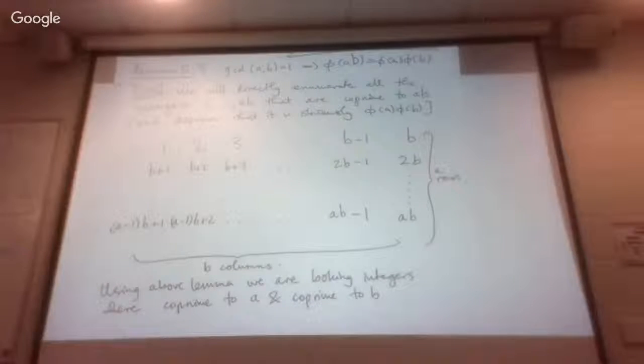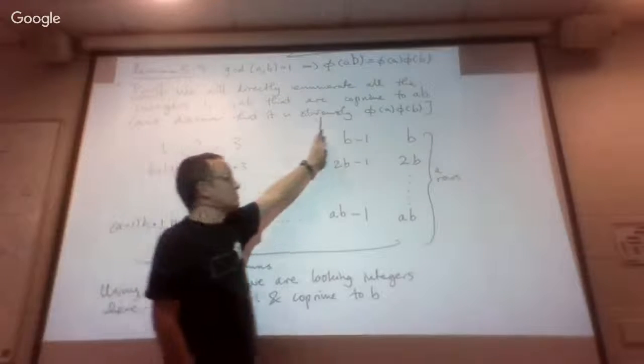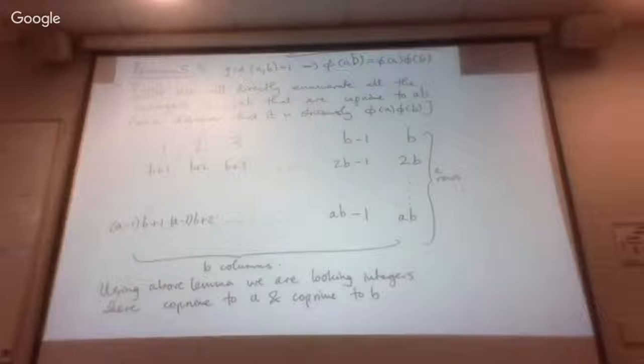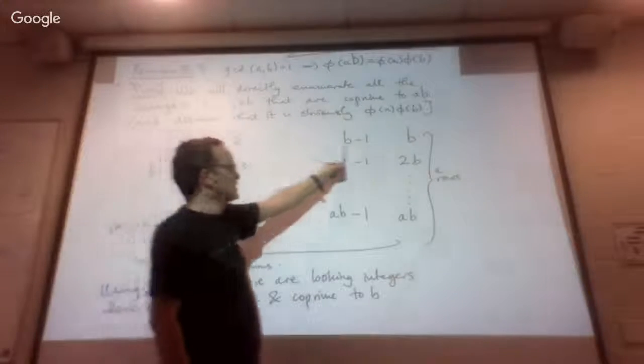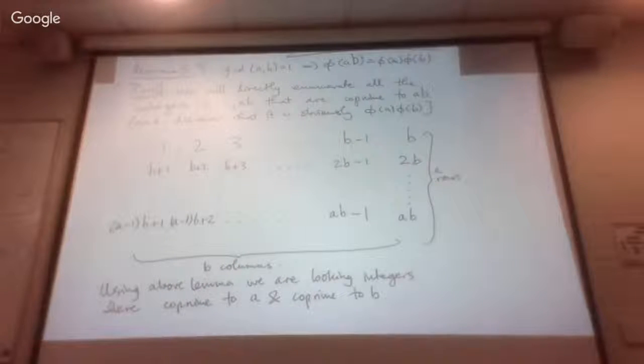Well, the other lemma says that if two things are congruent modulo b, then they have the same greatest common divisor with b. If you look at the column headings, 1, 2, 3, up to b minus 1, how many of them are co-prime to b? We would call that number φ(b). The answer is φ(b).